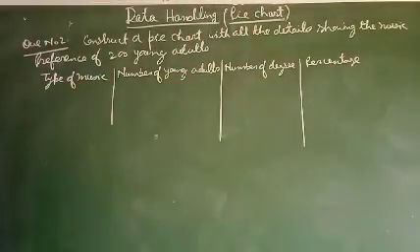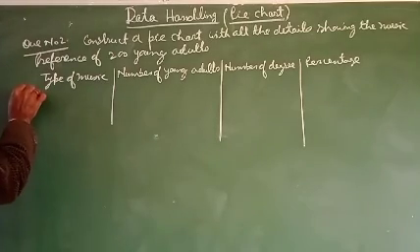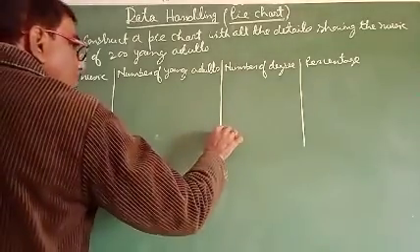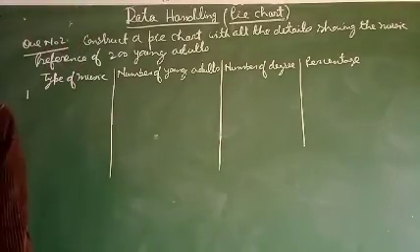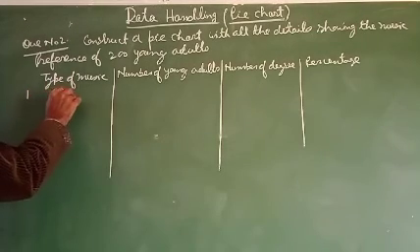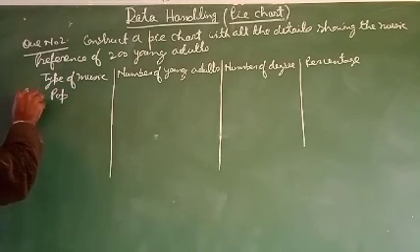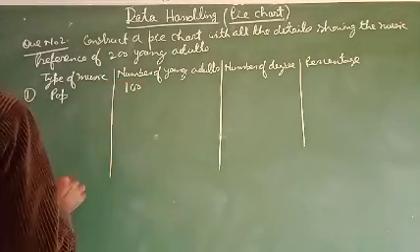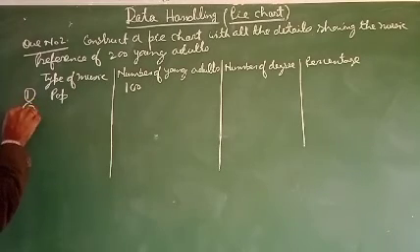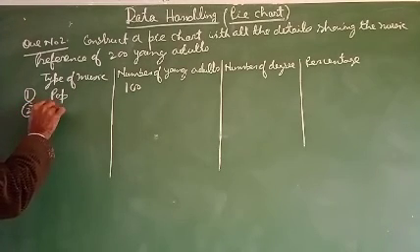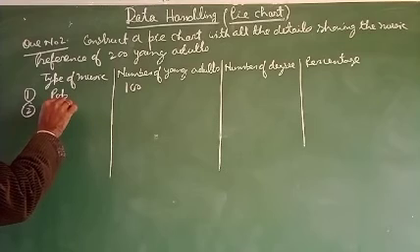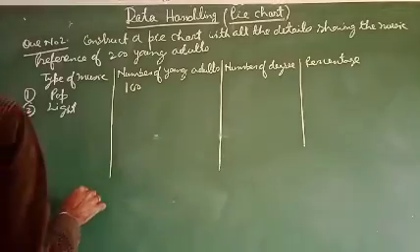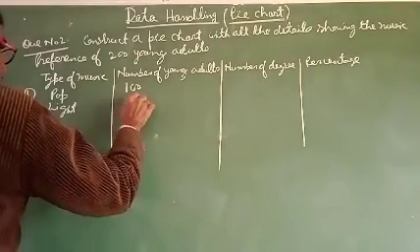Now, the type of music: first is pop, the number of young adults is 100. Second, light, which is 50.